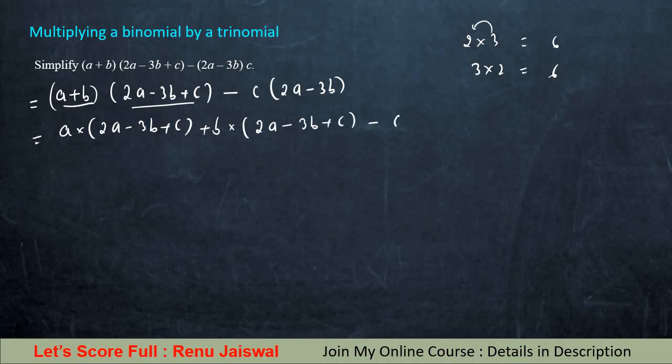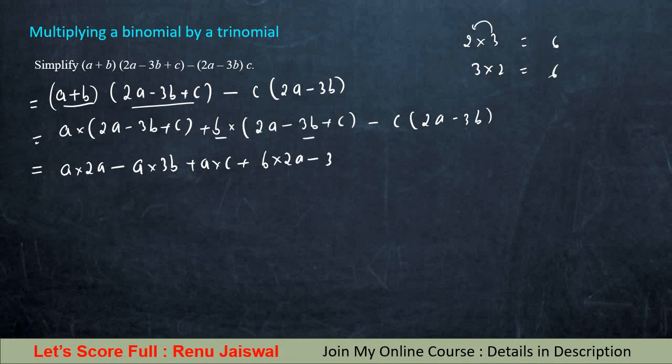And here I can write as it is, because it is a monomial, so I can multiply directly. Next, distribute this term inside, a into 2a, then a into 3b, plus minus minus. Don't forget the sign. So a into 3b, then a into c. Same way, b into 2a here and here, b into 3b, then b into c.